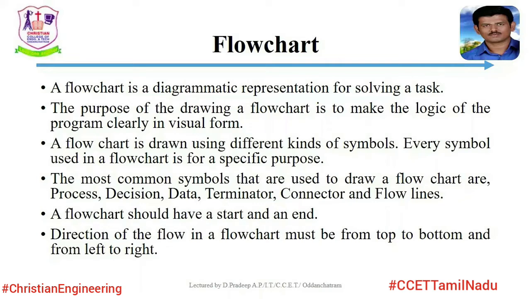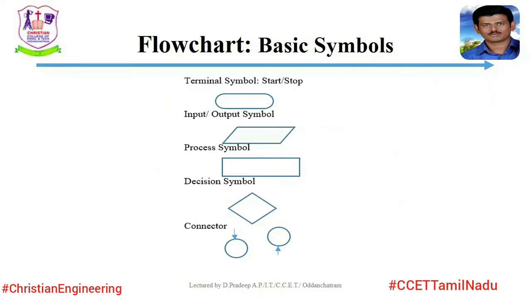And the direction of the flow in a flowchart must be from top to bottom and from left to right. Here we want to mention some basic symbols: terminal symbol, input output symbol, process symbol, decision symbol, and connectors.